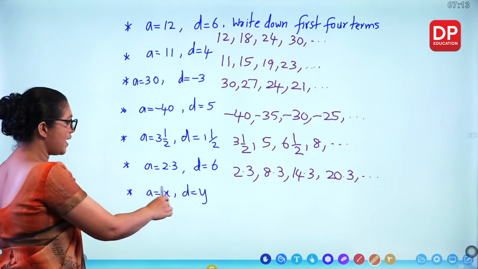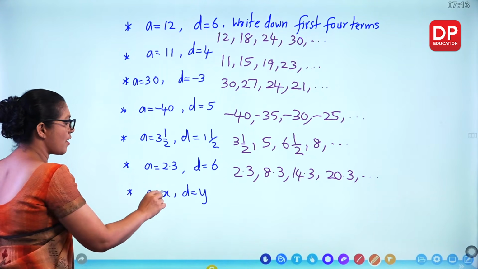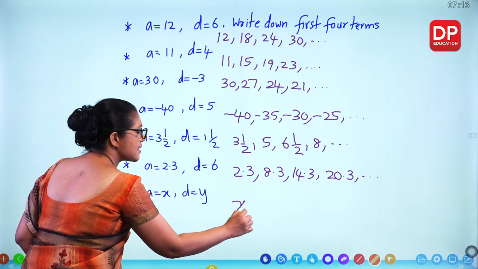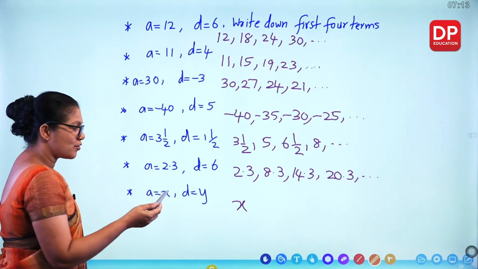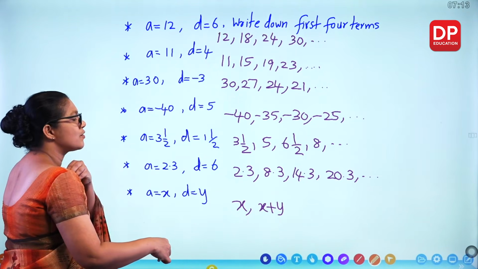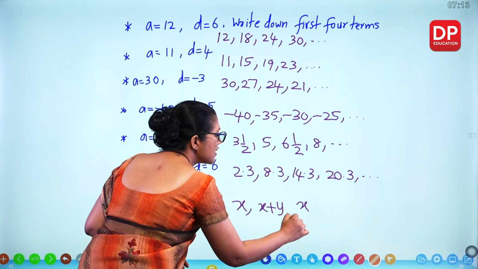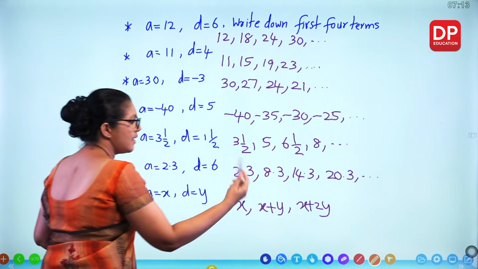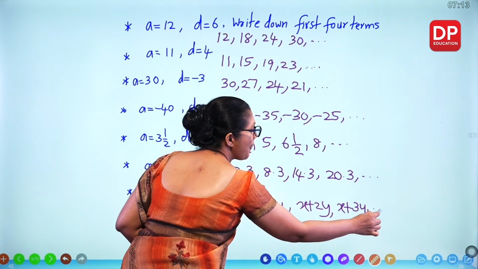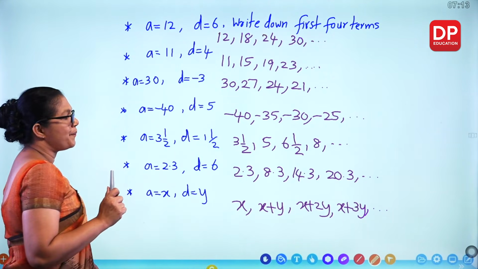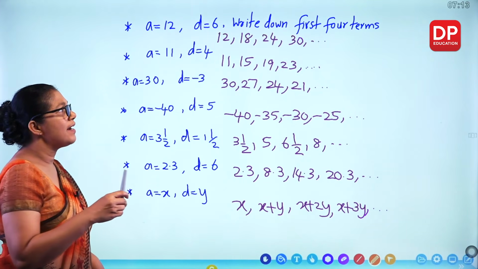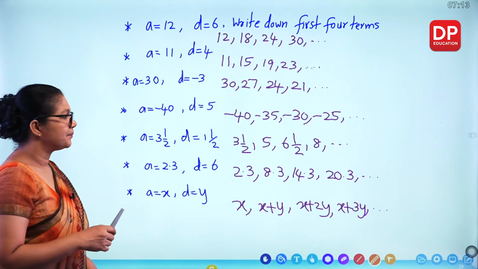Here you get algebraic expressions as an arithmetic progression, because the starting value is x and you are adding y to that, x plus y. Another y to that, x plus 2y. Another y, x plus 3y. Now we know, if you know the first term and the common difference, how you can write down the terms.